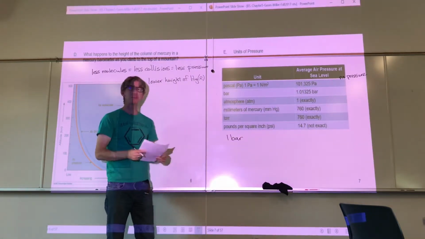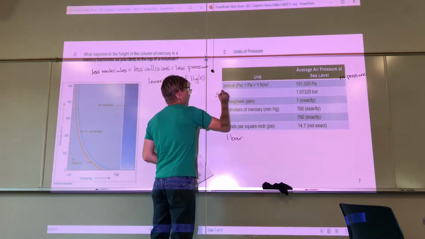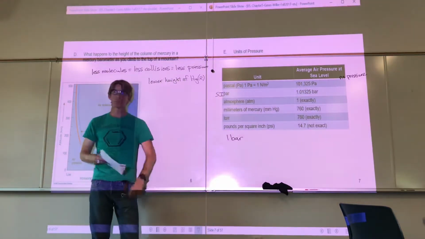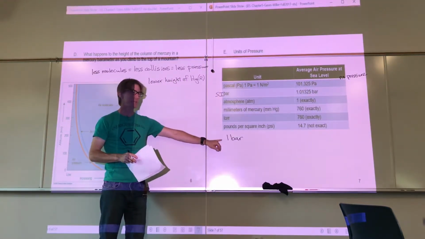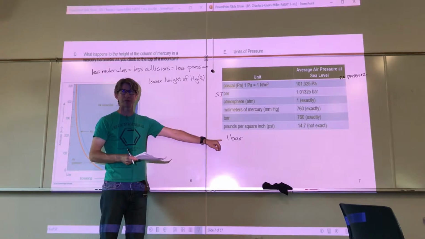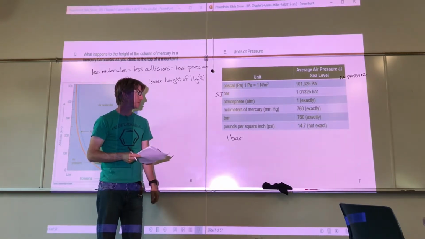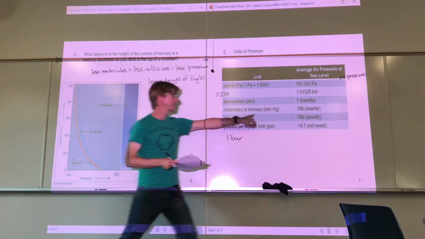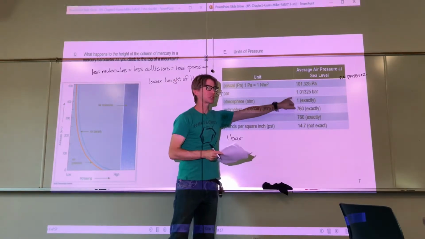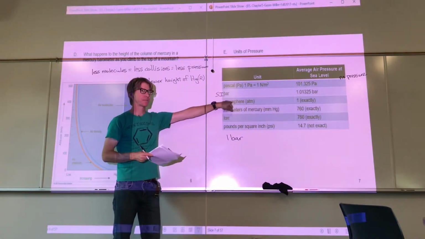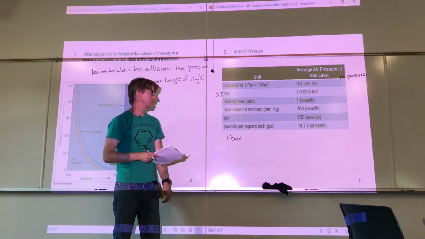So bar is what's called the SI unit, System International. So it is like the uber metric unit. So 1 bar is actually very close to 1 atmosphere. And we'll have more to say about bars down the road.